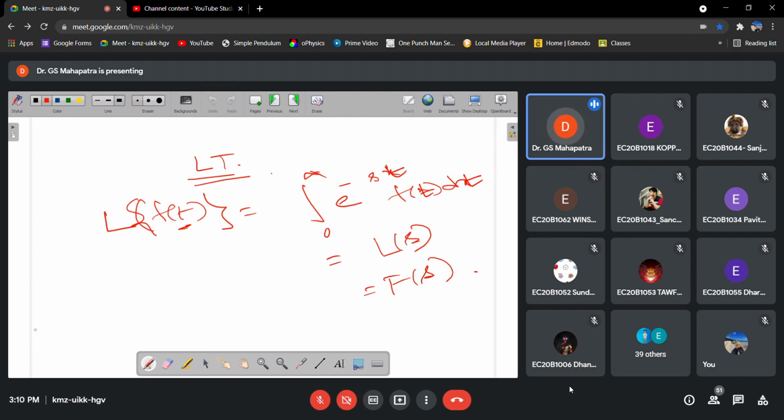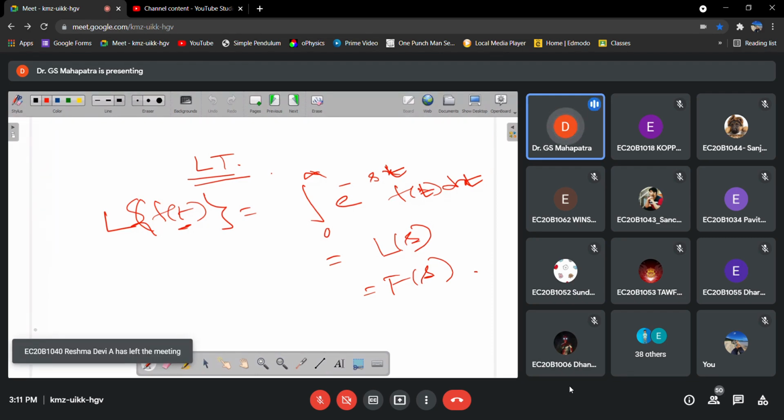If you draw some conclusion from this definition or these notations, then we can say the function should be defined from 0 to infinity, earlier minus infinity to infinity. And of course the function should be a continuous function.